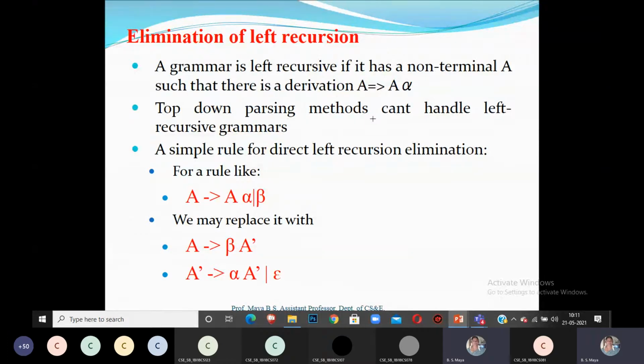Then what rule should be applied? Let me take the heading: elimination of left recursion.